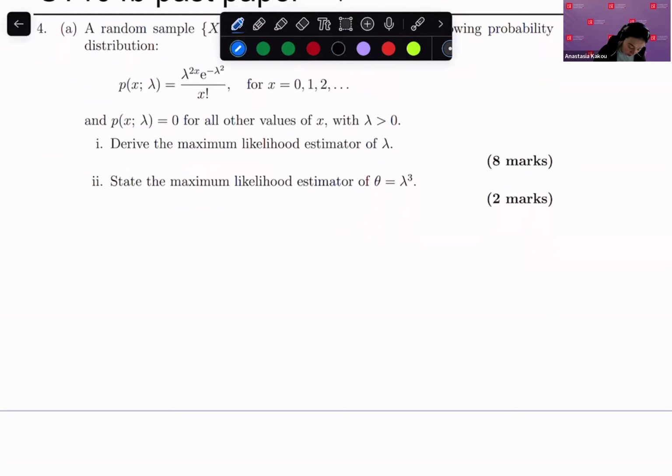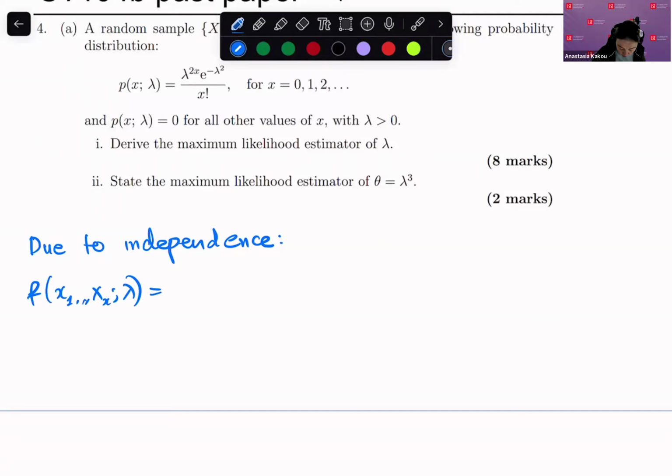So you should always start by stating: due to independence, you have the joint distribution of x1 to xn given lambda equal to the product of the terms of the f of xi's, and this is equal to the likelihood function.